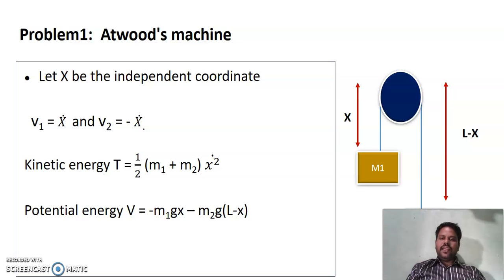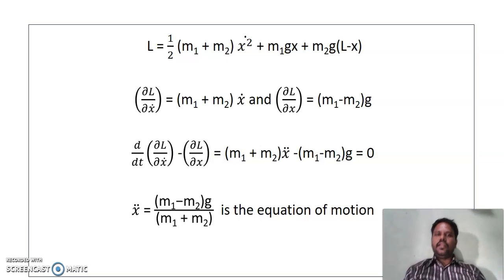We know that the Lagrangian is given by T minus V. Then the Lagrangian is equal to half into m1 plus m2 x dot square plus m1gx plus m2g into L minus x.